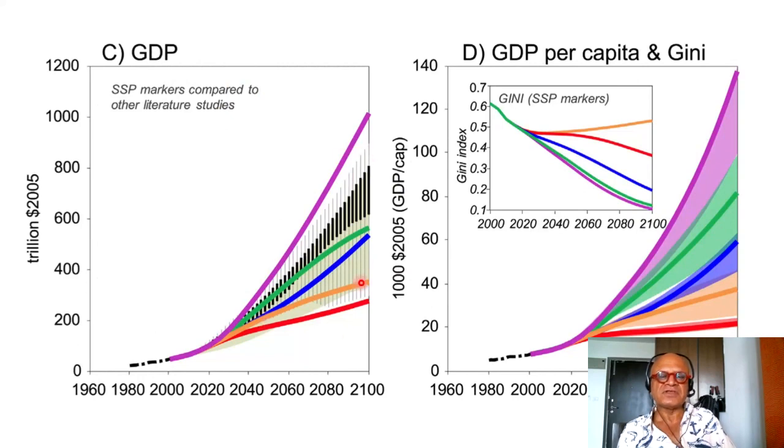Various ranges are given here, again details, but just note that the range is fairly large by 2100, with very low global GDP to very high, and again a fossil fueled pathway can take us to very high GDP, but then comes with lots of other problems, right?